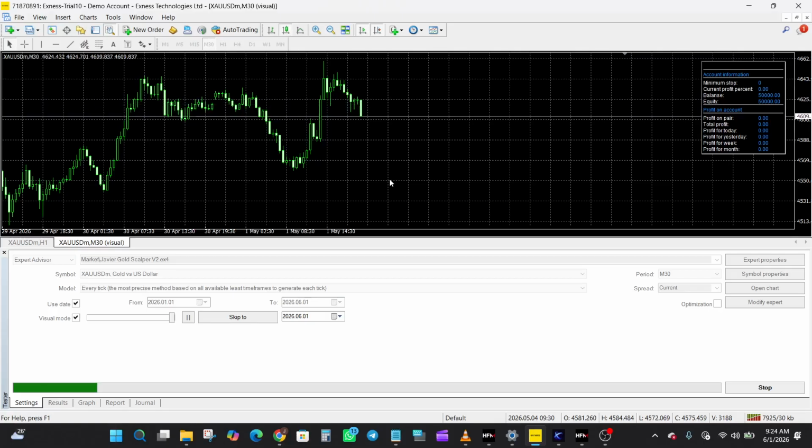Based on the information provided, the EA appears to adjust its activity level depending on market volatility, which is one of the key concepts highlighted by the developer. Beyond that, I wouldn't make assumptions about the specific entry logic, exit logic, or internal decision making process, because those details aren't disclosed on the marketplace page. So instead, it's more appropriate to evaluate how the overall trade activity and equity growth behaved throughout the historical analysis.